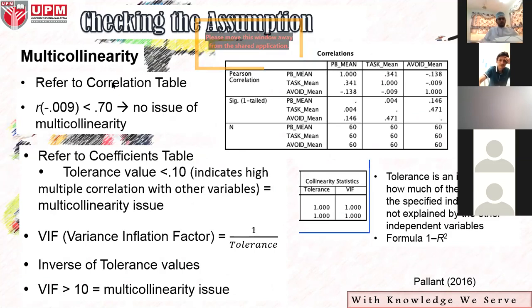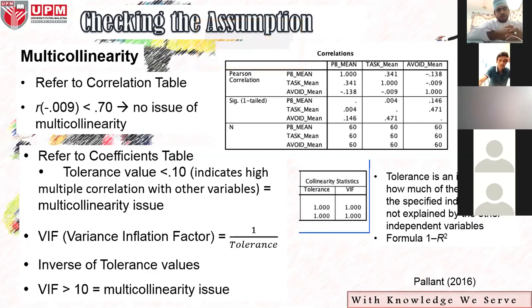Based on this table, if the tolerance value is lesser than 1, it indicates high multicollinearity with other variables, equals a multicollinearity issue. In this case, because the tolerance value is 1, there is no multicollinearity issue. If the tolerance value is lesser than 1, yes, there is a multicollinearity issue. If the value is 1, there is no issue.